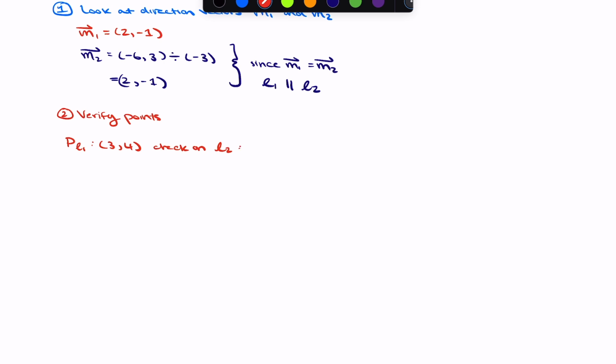Line 2 is -9 and 10 plus t -6 and 3. Here we have x is equal to -9 minus 6t, and y is equal to 10 plus 3t.